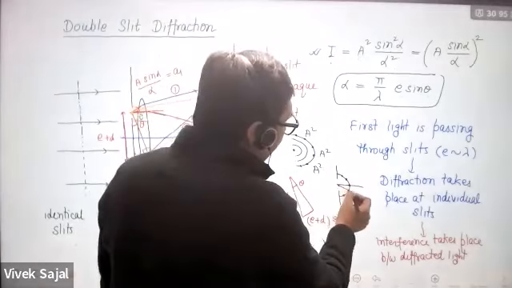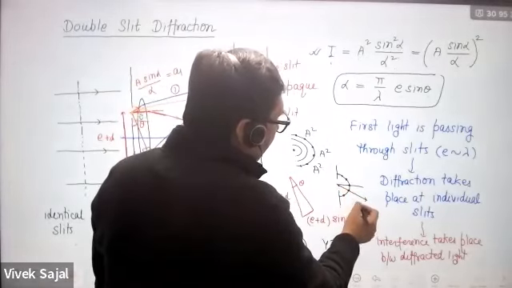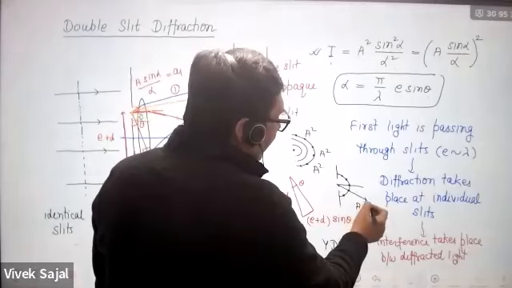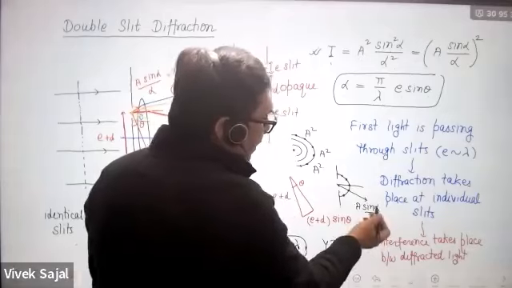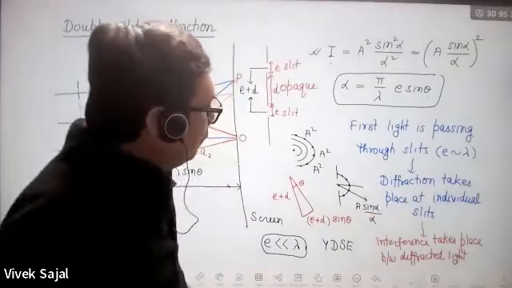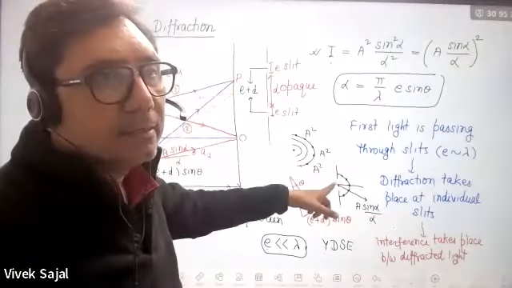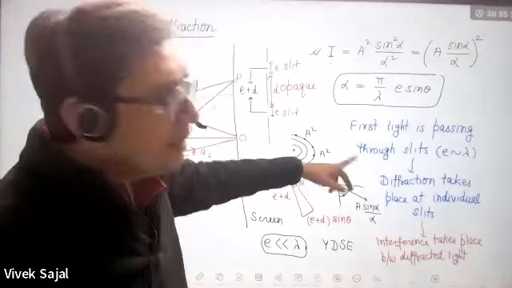You can choose any of the direction, amplitude will be A sine alpha upon alpha, and this alpha is theta dependent. So if you are changing theta, then intensity is going to change.